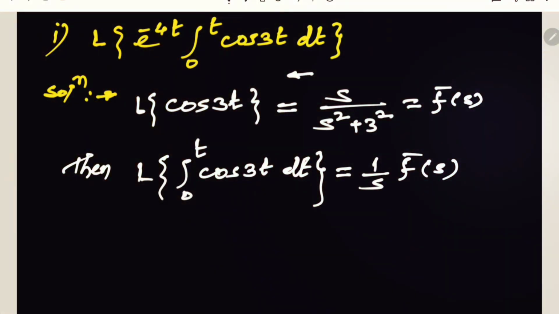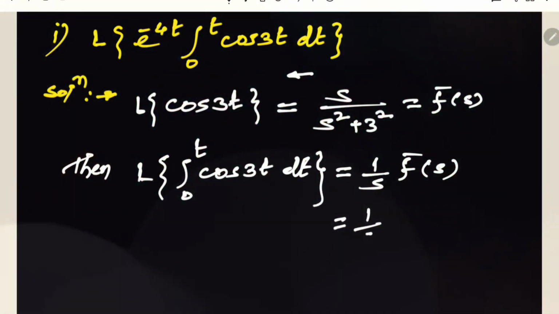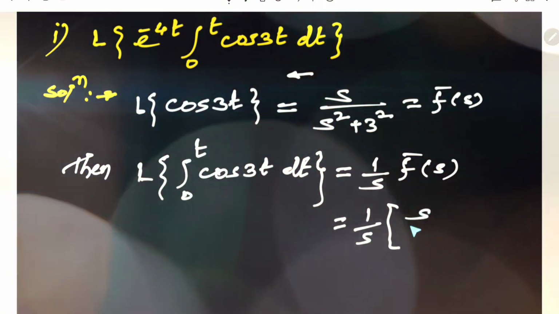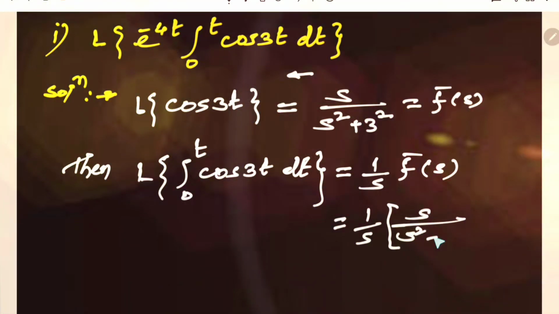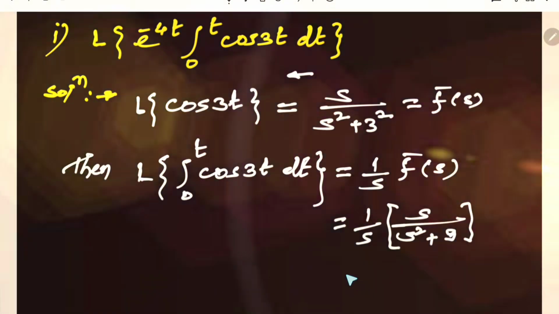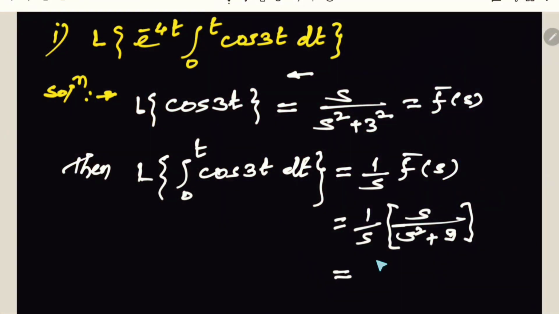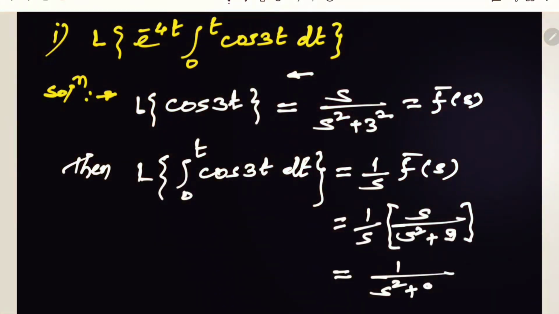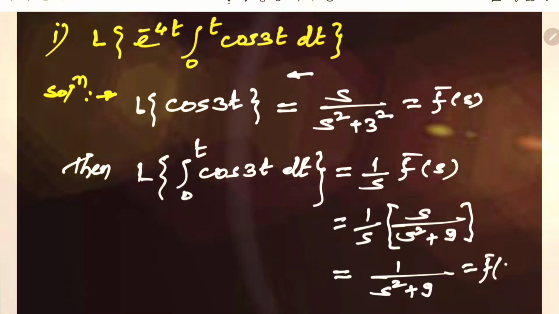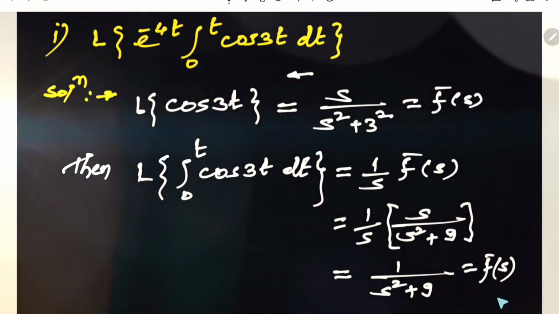Substituting the value of f bar of s from the previous step, it is 1 by s into s divided by s square plus 3 square. This is the second step, and we call this new f bar of s, say. S gets cancelled, it is 1 upon s square plus 9 as new f bar of s. Here the second step is completed.